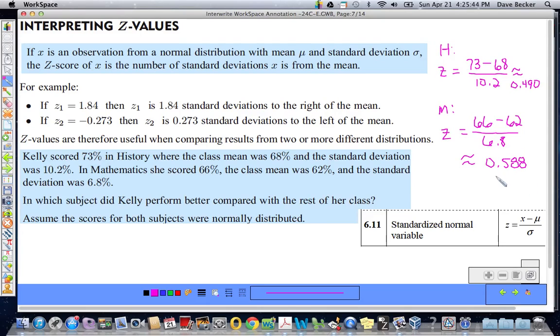She was further above the average score in math than she was in history. So she performed better as compared to her peers in math, even though she got a better score in history. Will that always be the case? Well, no, but of course we're going to give you an example where the lower score is better compared to the peers, just so you can see that that possibility exists.